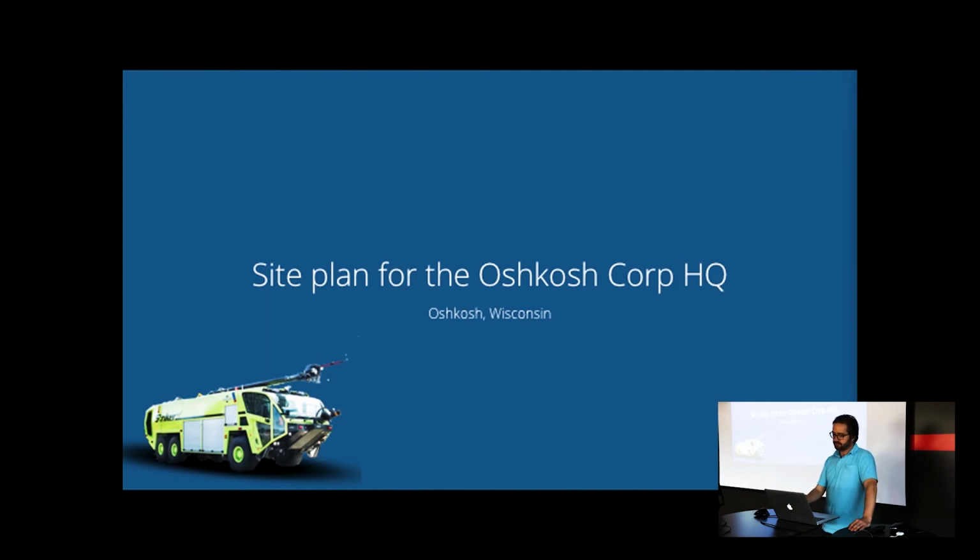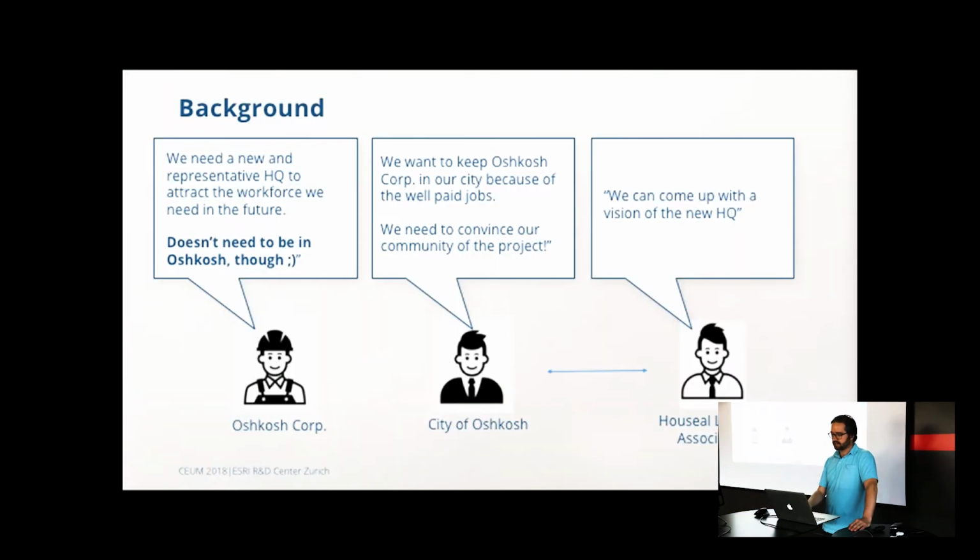And they came to the point where they said, we need this new HQ building so that we can attract the workforce we need in the future. And they also stated that they are also looking in other cities than Oshkosh.